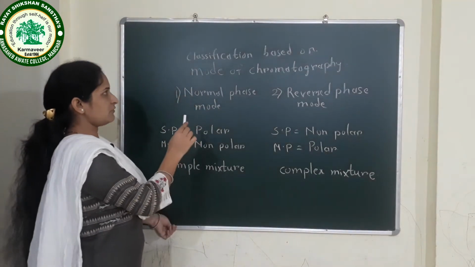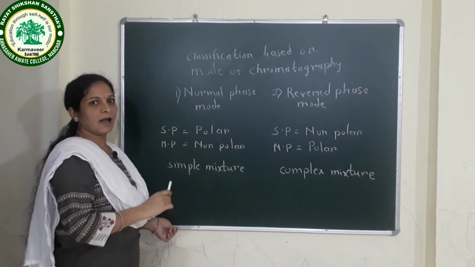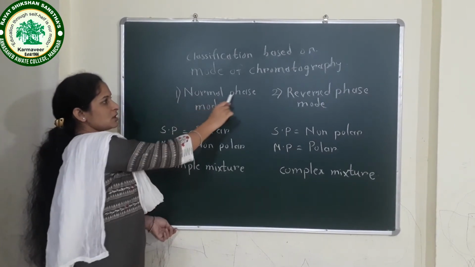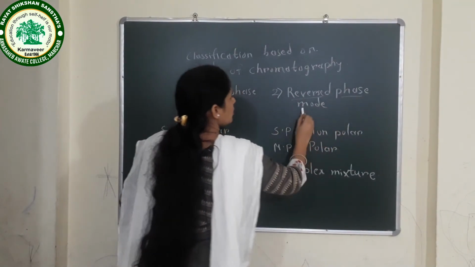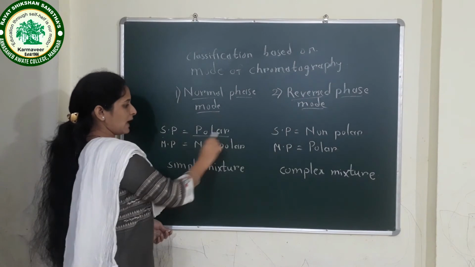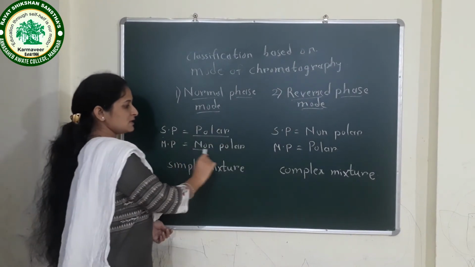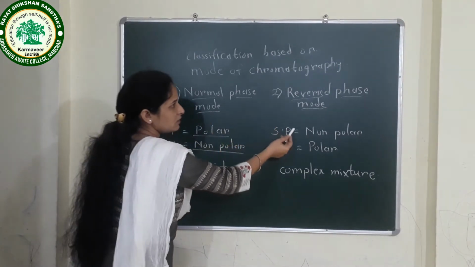This is the classification based on the mode of the chromatography. There are two types. First is the normal phase mode and second is the reverse phase mode. In normal phase mode, the stationary phase is polar in nature and mobile phase is non-polar in nature. Exactly opposite is the reverse phase mode.